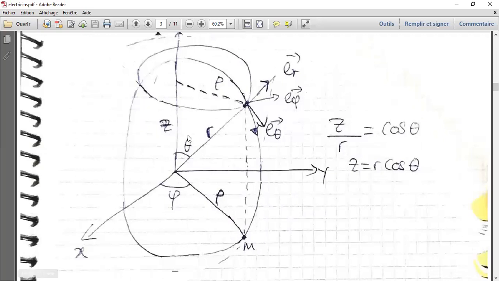So I'll use the small circle on top here. When you're moving this point, this angle here is the same as the angle here. So this is phi, this is also phi. Since they have the same radius, this angle here is just the same.